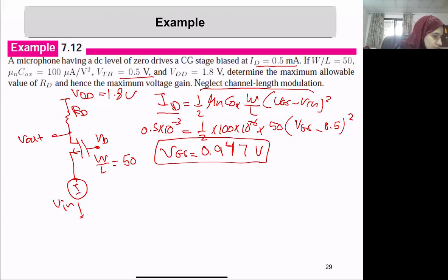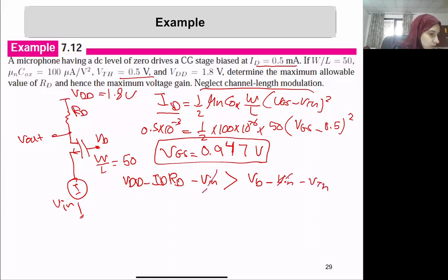Now again, we need to make sure that VDD minus ID times RD, which is VD, is greater than Vb minus Vs minus V threshold.